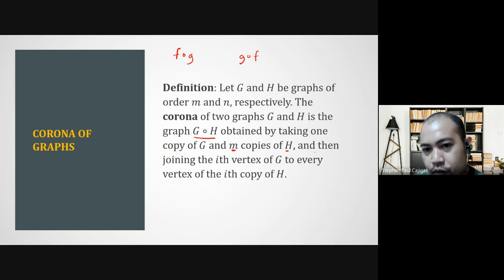And then, what we will be doing is we will join the ith vertex of G to every vertex of the ith copy of H. Kasi regular niya, kada usa na bali may daman kita ano kuan M kabuok na copies hiton H. So kada usa na or iton first vertex ni G, igjo-join naton ngadto hiton tanan ng mga vertices han first copy. Iton second vertex liwat hiton G, igjo-join hiya ngadto hiton second copy han H, and so on until maubos naton tanan ng mga copies or tanan na vertices of G.